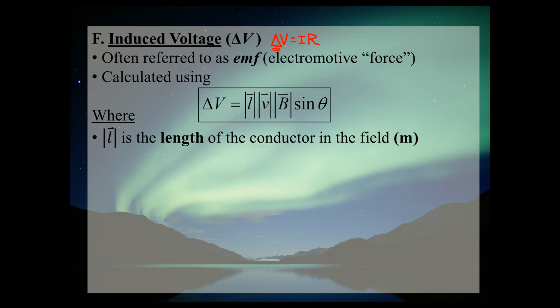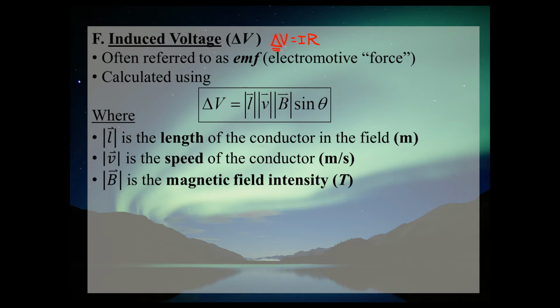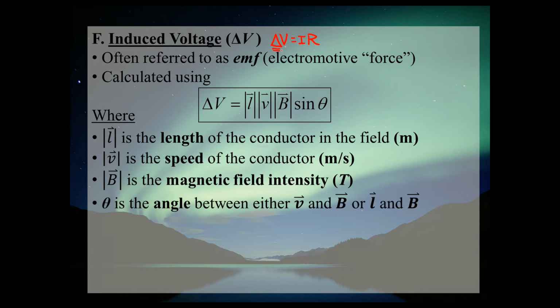In this equation, L represents the length of the conductor in the magnetic field. V represents the speed of the conductor. B represents the magnetic field intensity. And theta can be an angle between one of the following two variables.